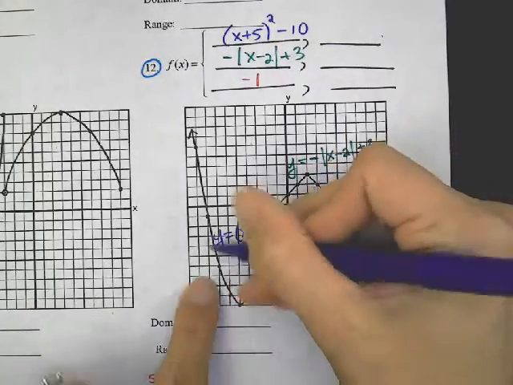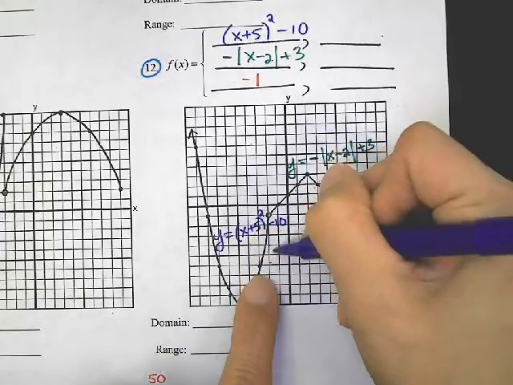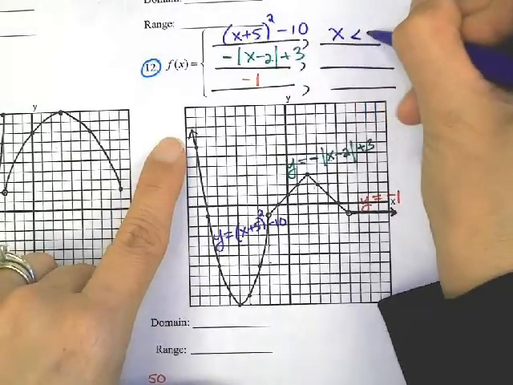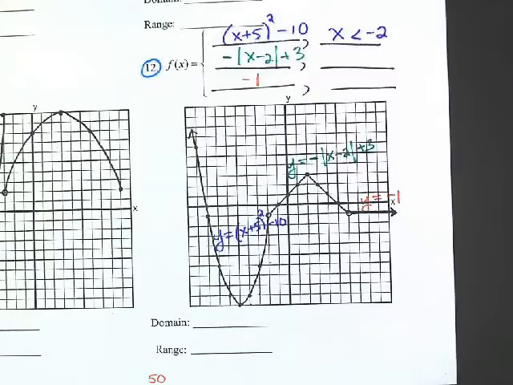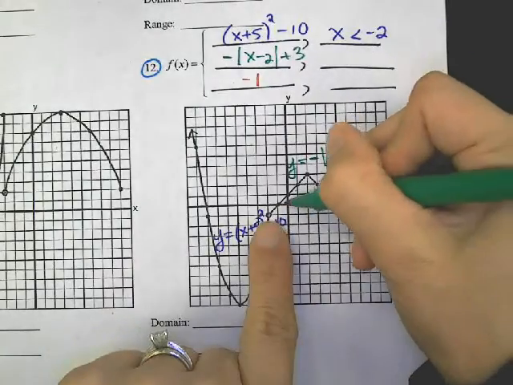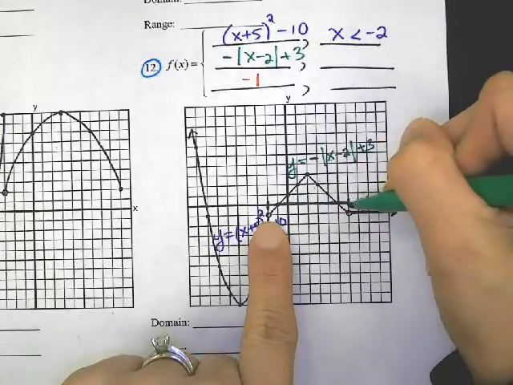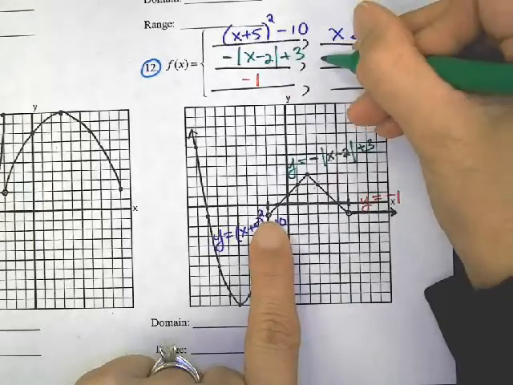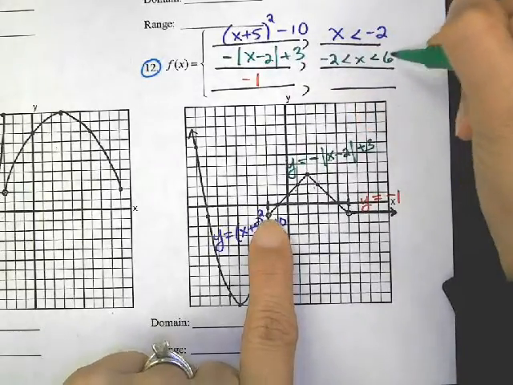Here, the parabola starts at negative 2 and goes left, left, left. So I'm going to say if x's are less than negative 2. For the middle one, the absolute value graph, it goes from negative 2 all the way up to 6. And those are both open bubbles. So I'm going to say negative 2 less than x less than 6.